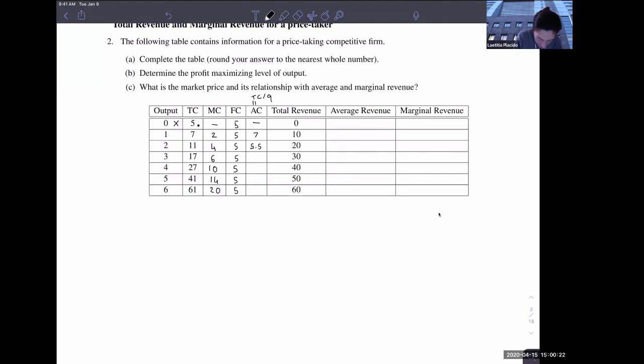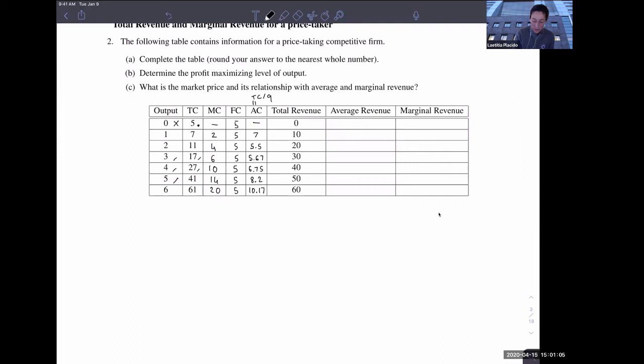Then we have 17 divided by 3, which is 5.67. Then 27 divided by 4, which is 6.75. Then 41 divided by 5, which is 8.2. And the last one is 10.70. All right, so now let's move to the revenue part of that table. So we have total revenue.